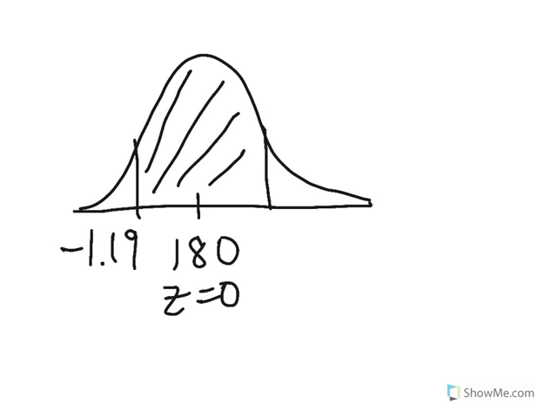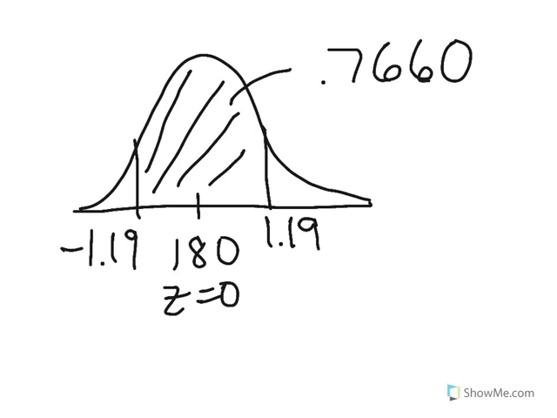And then 1.19. So now we need to use either table A or the calculator or whatever we're going to do, but we're going to find that this area is 0.7660. That would indicate that the probability of having between 165 and 195 black people in our typical sample would be 0.7660, which means it's fairly typical.